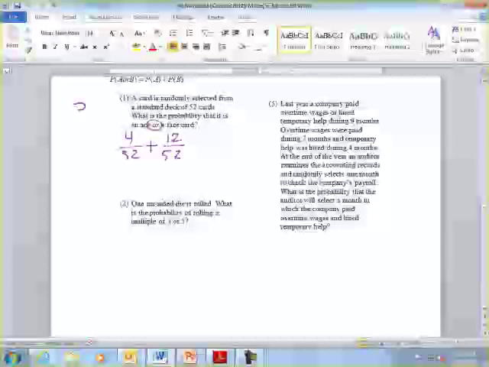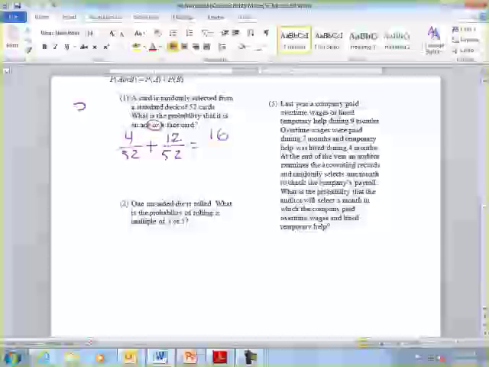Then what we need to do is say, did I accidentally count the same card in both of those groups? So are there any aces that also have faces on them? No, because face cards are kings, queens, and jacks, which are different than aces. So there's no overlap there. Every card was only counted one time.